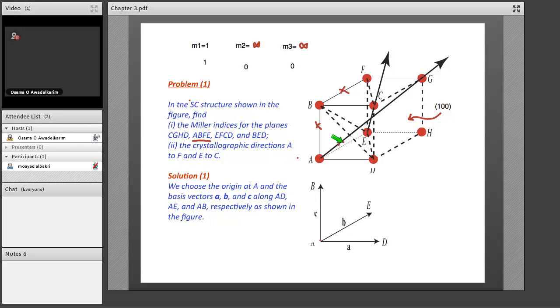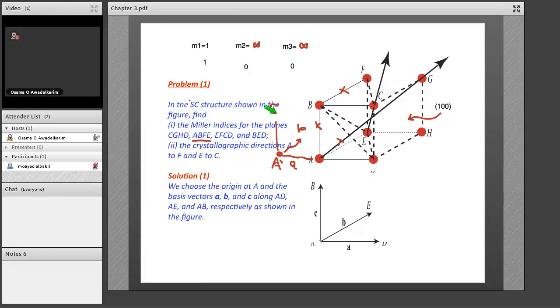So that's why I told you it's not critical to work with only one origin. So what we could do is extrapolate, go back, and take a lattice point immediately at the back of A, call it A dashed, and take this point as our origin. So this will be my a, here will be my b, and here will be my c.